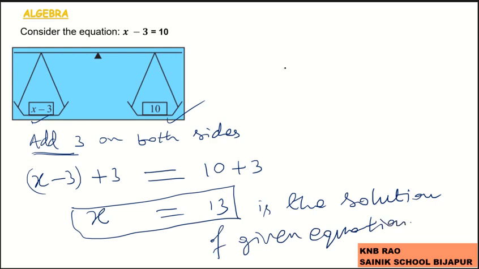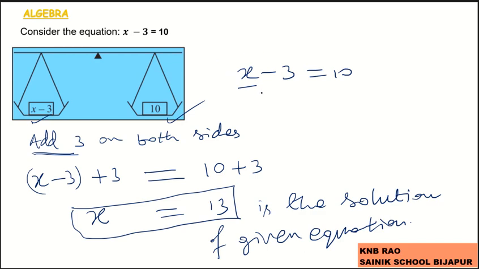Children, very important, we need not draw all these physical balances. You start from the given equation, watch where the variable is and see how you can make that side free of the numbers and have only a variable on that side.